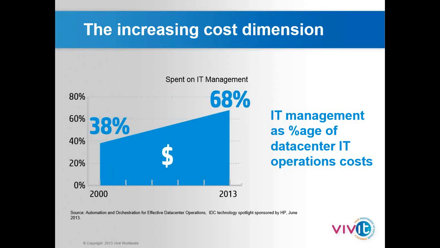Now if we look at one of the earlier slides where we were talking about the three trends and the growth expected based on those trends, we can very well predict that if the cost curve continues to go up, it will soon hit 100% of the cost, as in, the IT operation cost would be taken up entirely by the IT management cost.